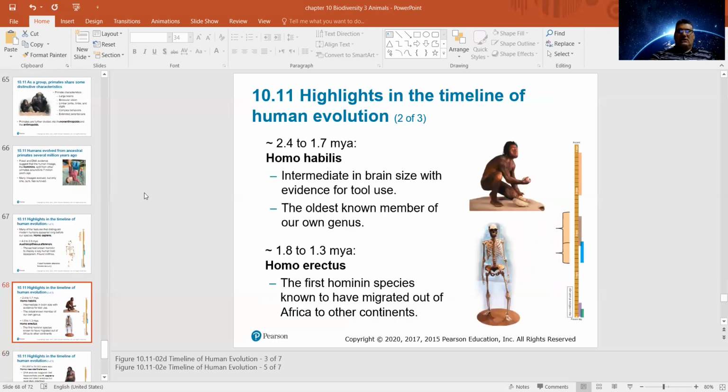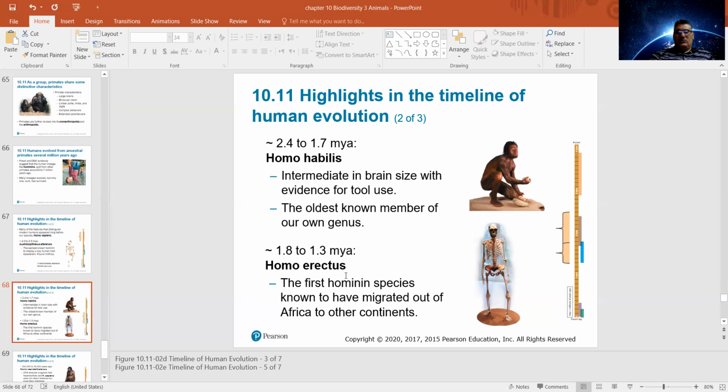And the next one to evolve after that is Homo habilis. Homo habilis was about 2.4 to 1.6 million years ago. The brain is intermediate, not as big, and they used tools. This is the oldest known member of our own genus.